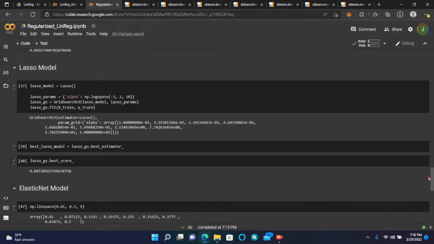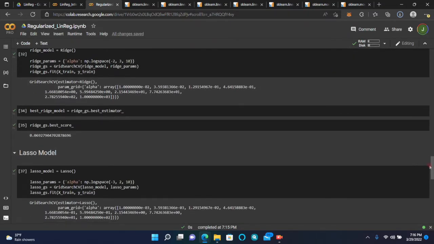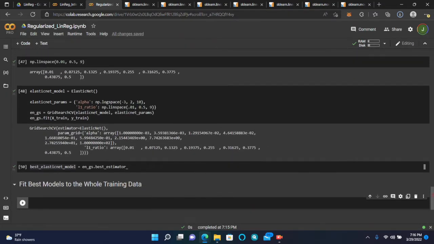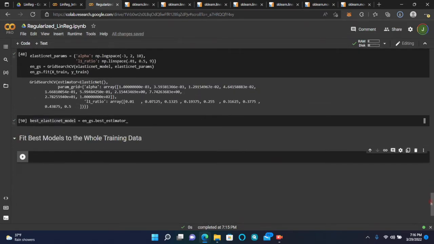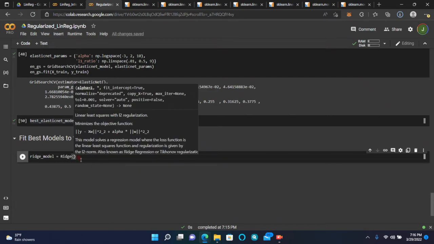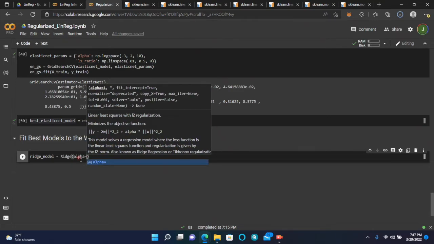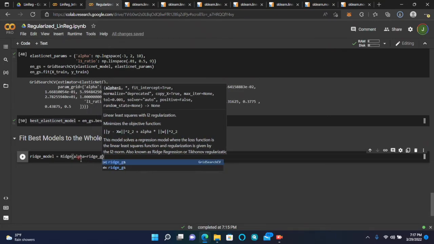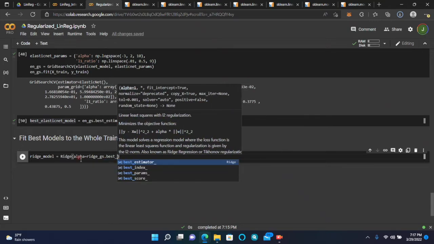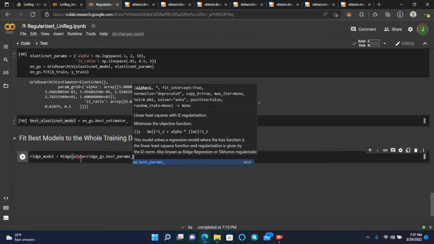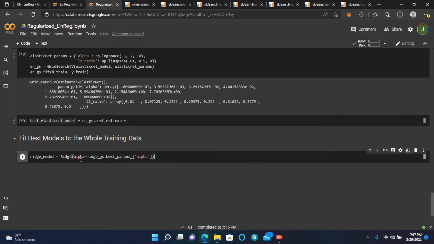Does that make sense? So I just want to take their best parameters and refit them to the entire data set. So my new ridge model is going to be ridge, and my parameter is going to be alpha is equal to ridge_gs.best_params_ alpha.